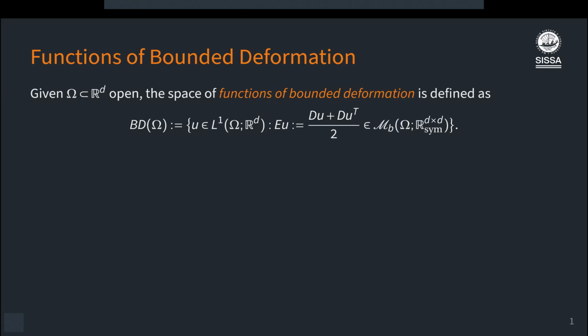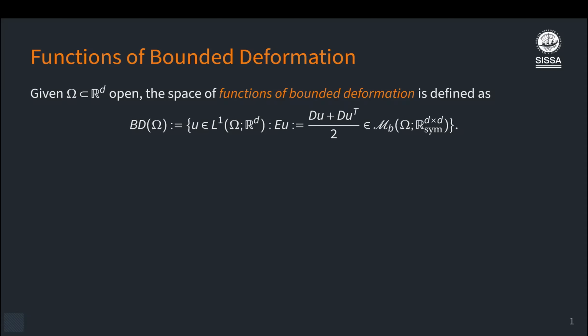In this case, BD functions are going to be L1 vector fields, so the dimension of the image matches that of the domain, such that not the distributional derivative is a measure, but an operator associated to it. We are going to require that E of U, which is the distributional symmetric gradient, defined as the gradient of U plus the transpose of the gradient of U, divided by 2, is a bounded Radon measure.